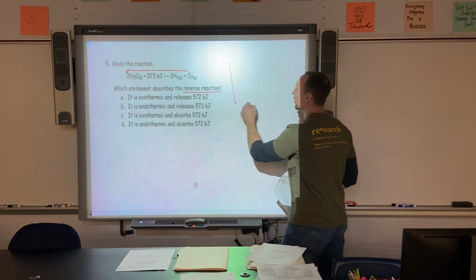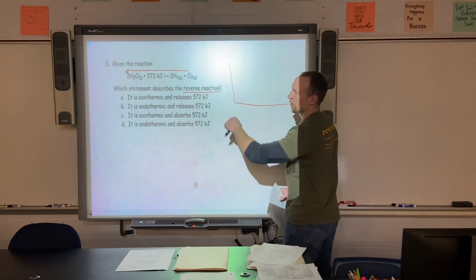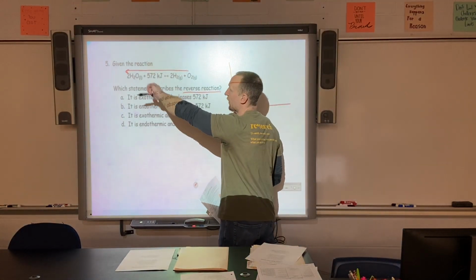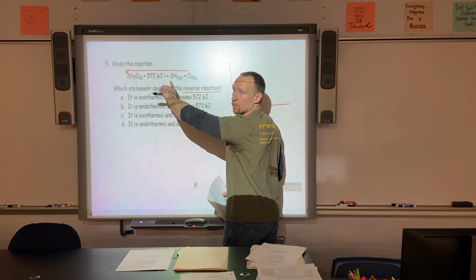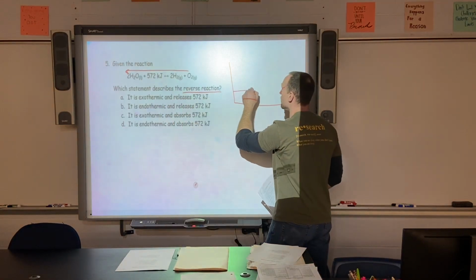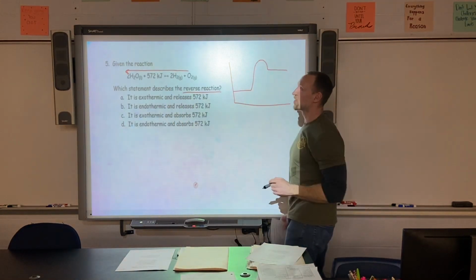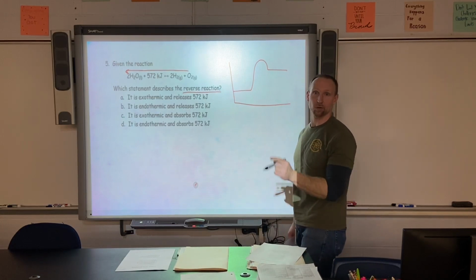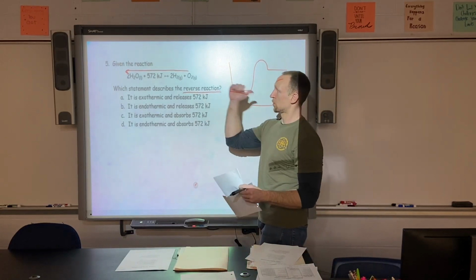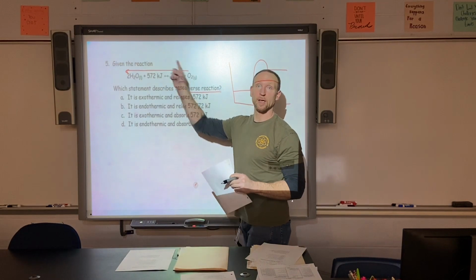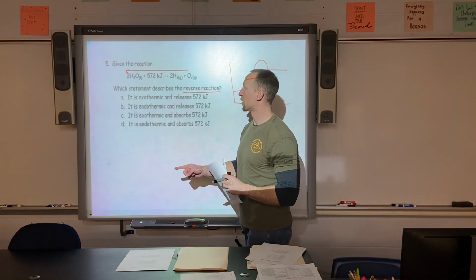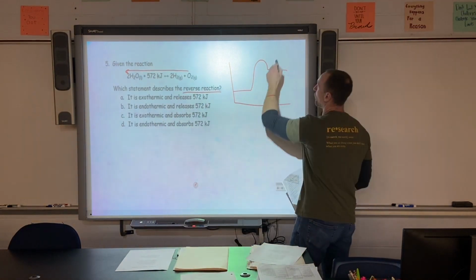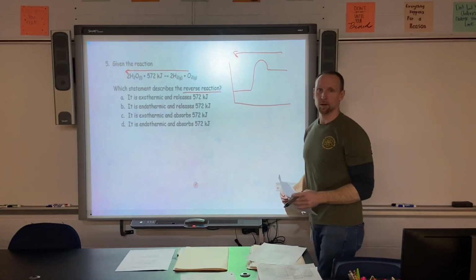So in the forward direction, the energy's on the left, right? So that means it's endothermic. Energy is entering the reaction. If we're going forward, right, we're consuming energy, we're absorbing energy. So remember, if you go backwards, it's the opposite.